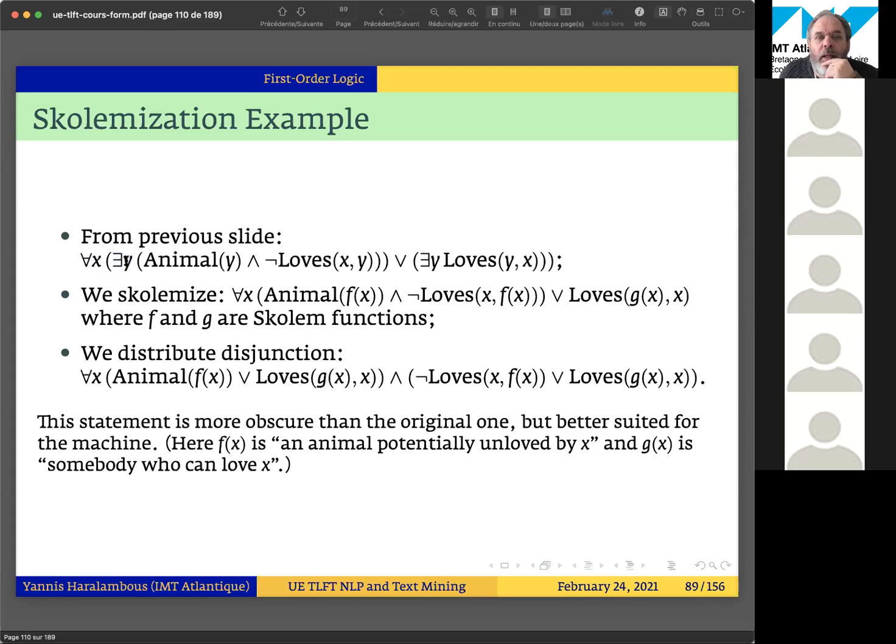So Y depends on X. I will replace Y by a function of X. So Y disappears and I get a new function, a function that doesn't exist before in my formula. Here, same thing. This Y depends on X. So I replace this Y here by a function of X, and it's not the same function as here. We call these functions Skolem functions, and when we use constants, then we call them Skolem constants.